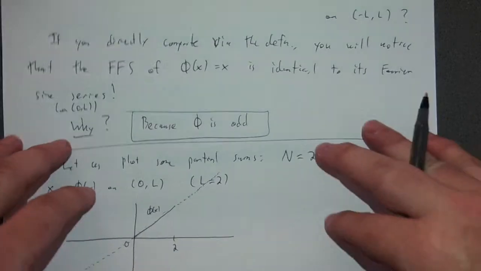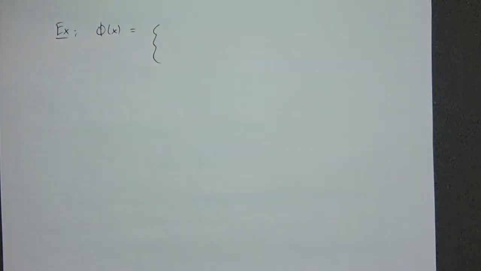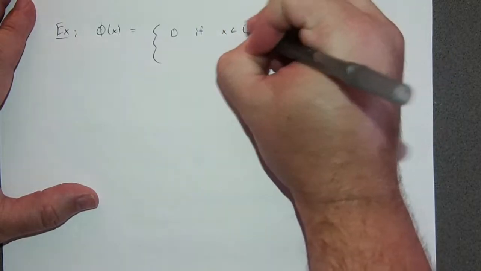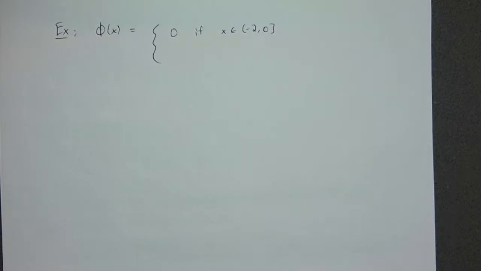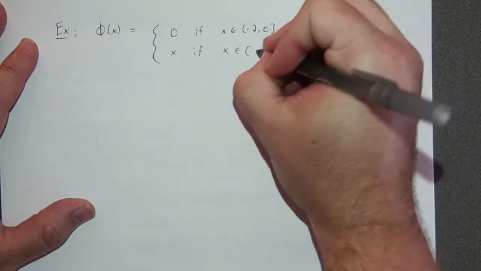Let's do one more example, and we're not going to write out the coefficients for it because it would be kind of annoying to write these out. So we're just going to generate a plot of this thing. So one more example. What if phi of x is defined to be, we'll say, 0 if x is in -2 to 0, okay, and x if x is in 0 to 2.